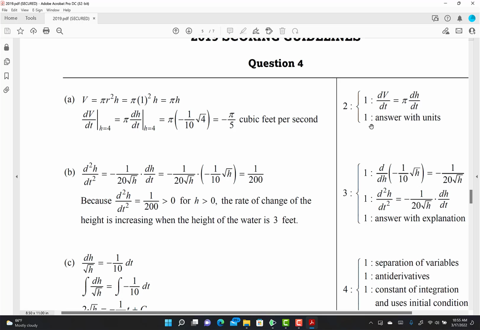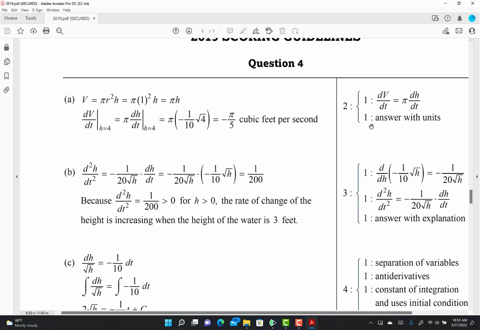They put the fancy little line with the h equals 4 in the bottom. That just means evaluated at. How many points was letter A? 2. They give you 1 point for the unit. So even if you didn't know how to do the derivative, if you wrote cubic feet per second, there's 1 point for the answer. I wasn't there to grade this one, so I don't know if it's a condition or not.